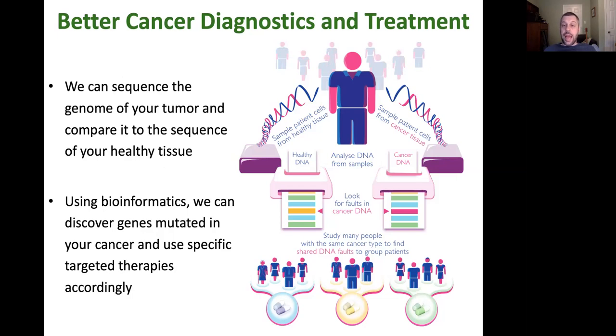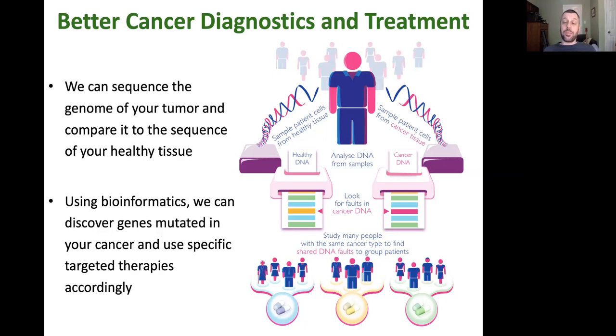What people are doing now is taking DNA from those cancerous cells and sequencing the genome. And then they'll take some DNA from healthy cells from the same person and sequence the genome of those cells. And then using bioinformatics, using computers, we can compare those two sequences and see which bases have mutated in the cancerous cells versus the healthy cells.